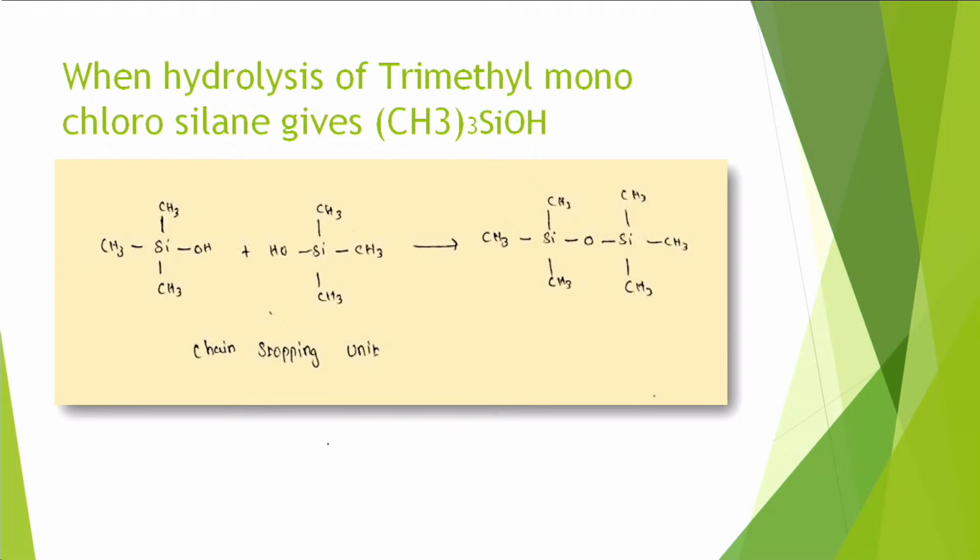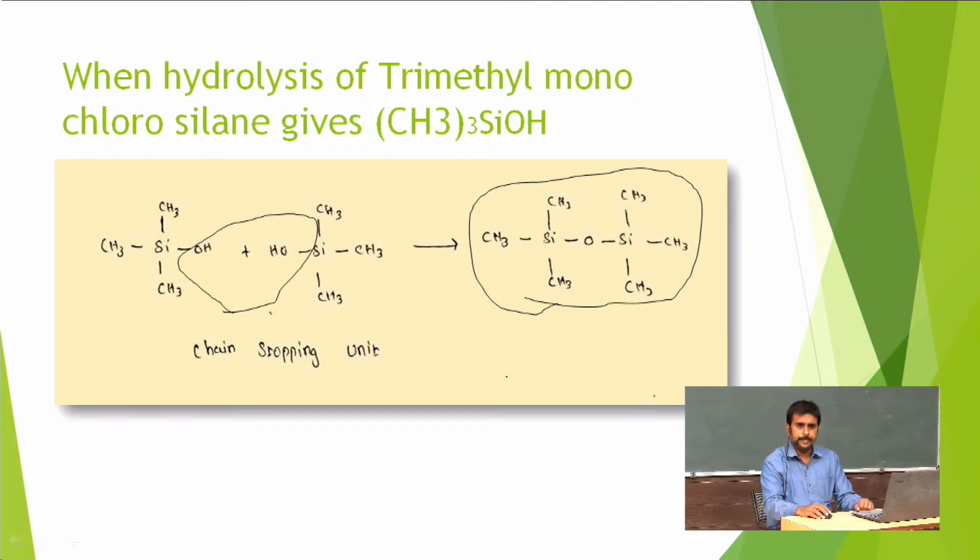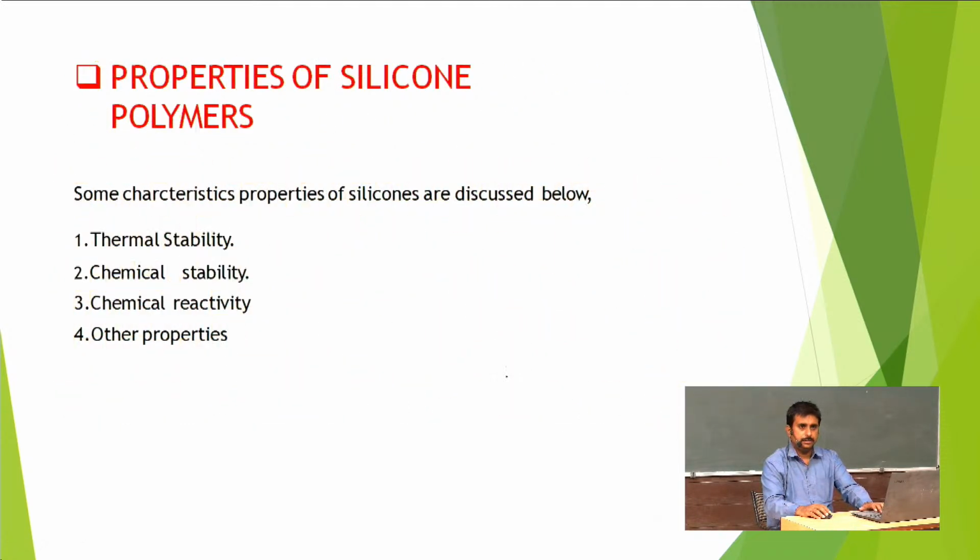In this we have three alkyl groups, and both the hydroxide groups get reacted to form a silicone dimer, and it does not have any active site, so the reaction will not proceed, and hence this reagent will not produce any further silicone.